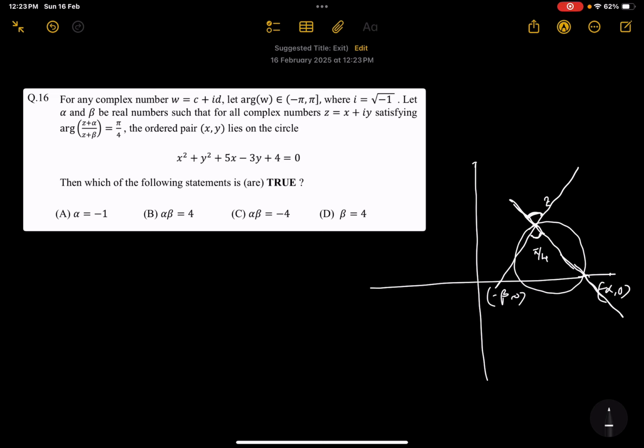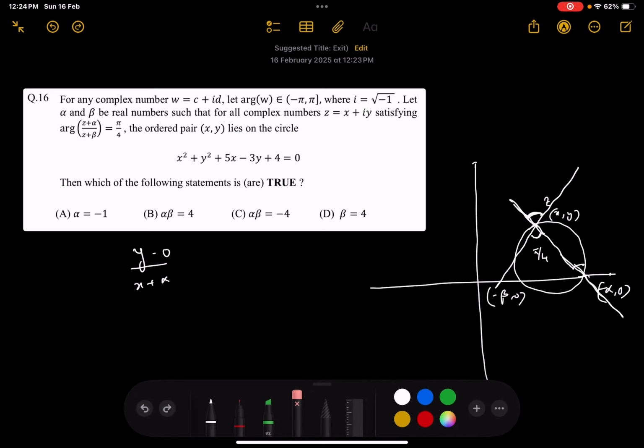Okay, so what we have is, so z is x comma y, say, then we have y minus 0 upon x plus alpha is the slope of this line, the line Z alpha, and the slope of this line would be y minus 0 upon x plus beta.